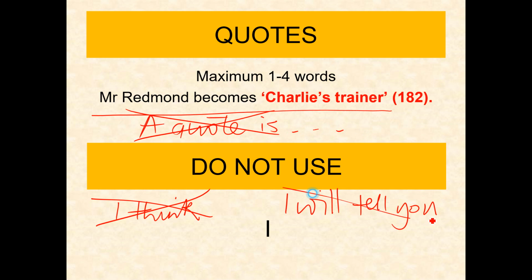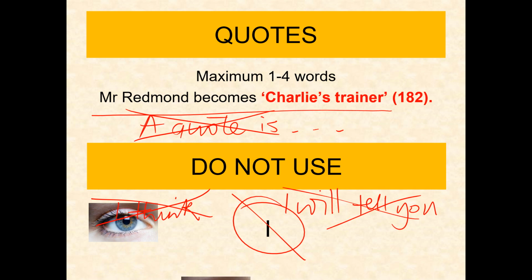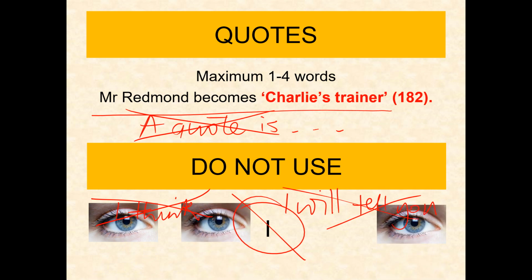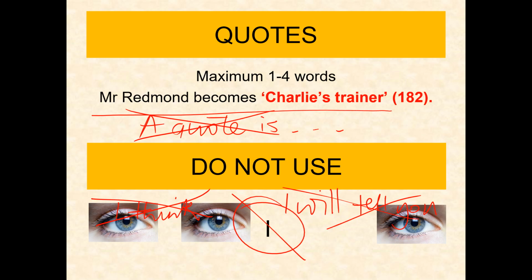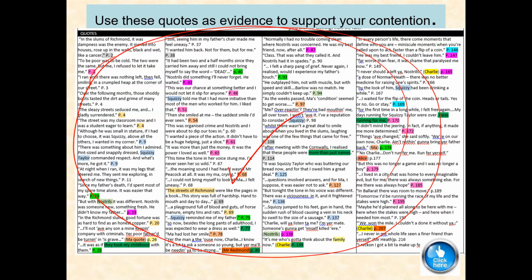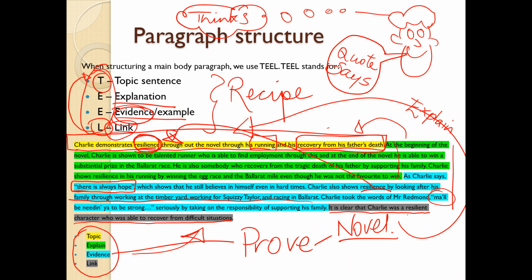It's not an opinion piece, it's an analysis. So please refrain from using the word I. You're going to learn how to write this body paragraph. We're going to get you to write two of them in total. I'm very confident that you'll be able to do it.